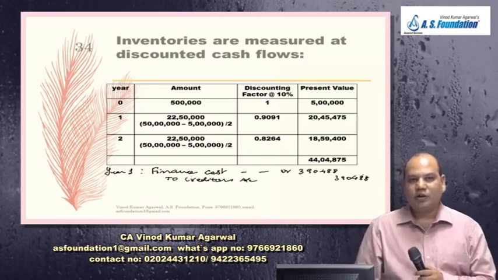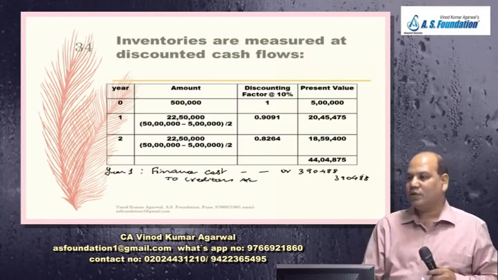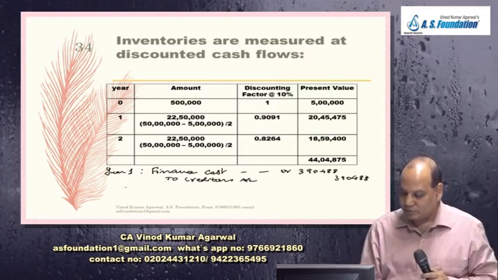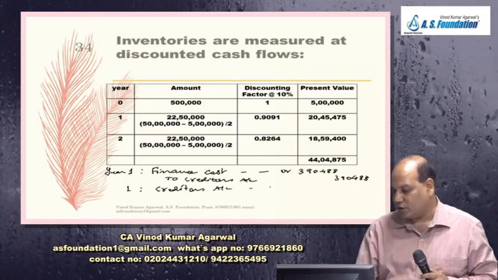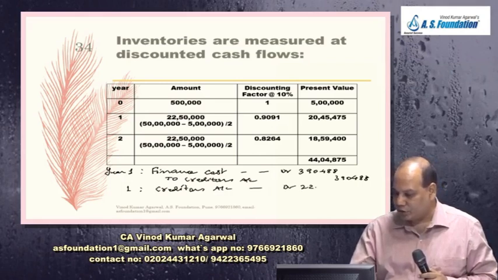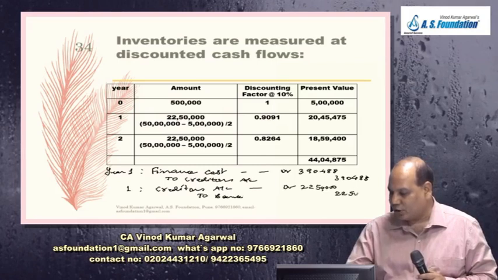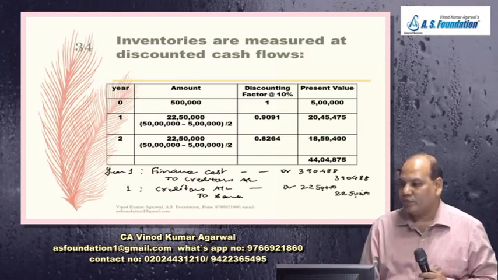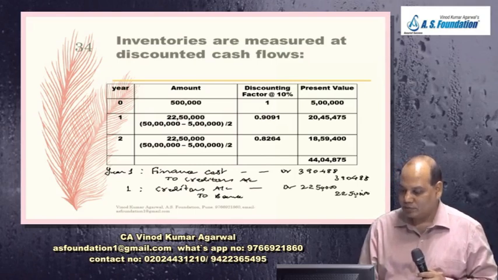It is like passing entry for your installment system accounting, learnt long back. Year 1 end you pay creditors. Creditors account debit 22,50,000 to bank account 22,50,000. First installment paid.